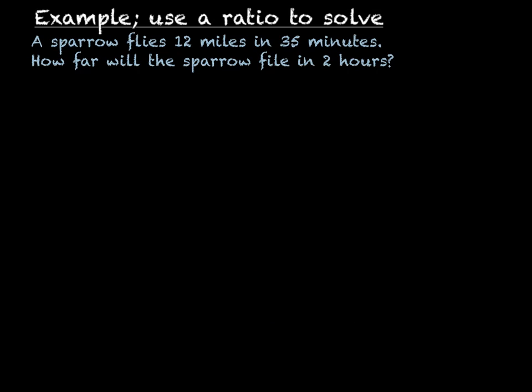This next example, a sparrow flies 12 miles in 35 minutes. How far will the sparrow fly in 2 hours? Okay, so this time we're going to have to get our minutes and hours the same. I want you to think that there are 60 minutes in 1 hour.